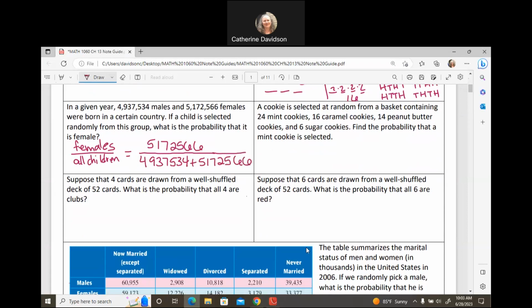I do recommend that you actually write these out on a sheet of paper before you put them in your calculator.